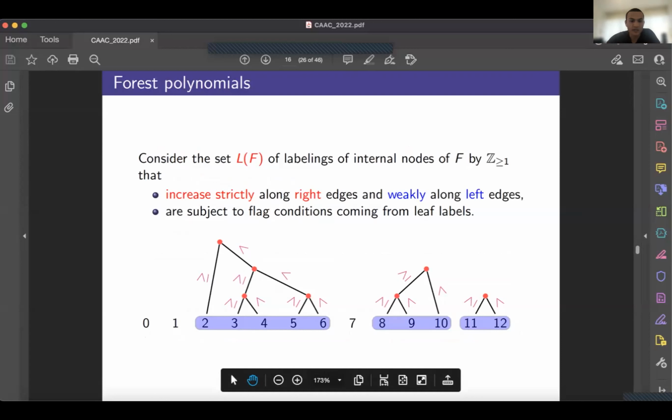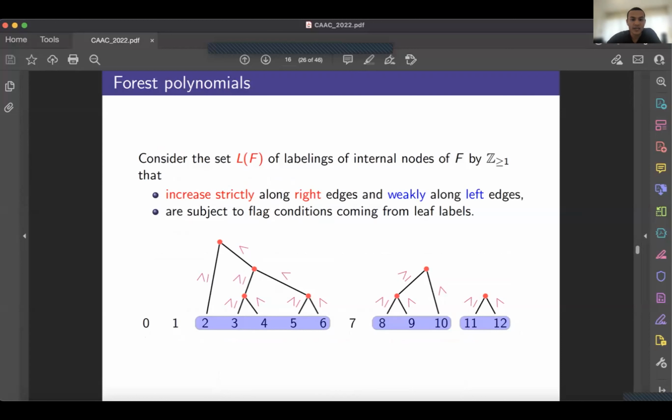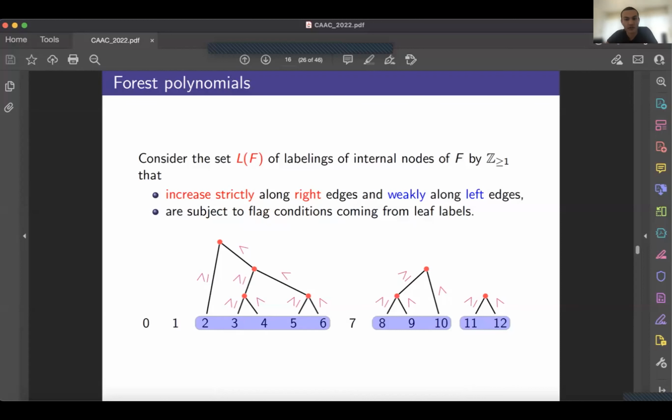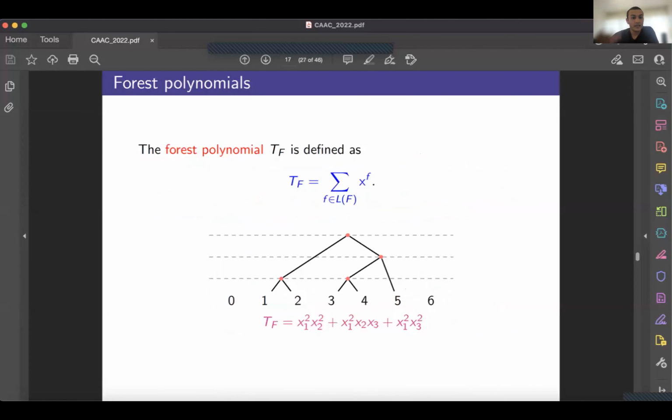Okay, so if you look at the bottom right here, the 6 says the entry in this internal node is strictly less than the 6. So you're getting a flag condition from where your forest sits on top of the integer lattice. And if you move it, well, you get different polynomials. Right? Okay, so here's the definition of a forest polynomial.